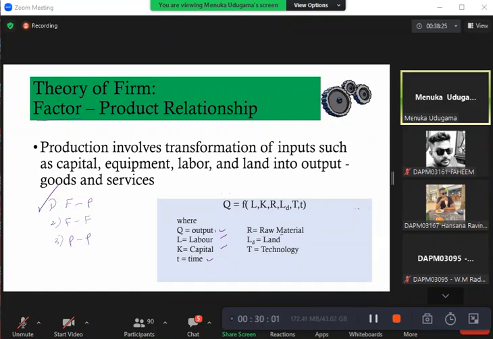Now, let's take two factors and consider all other factors to be constant or fixed. So we assume that those factors don't change. So I'm going to take the output as a function of an input.